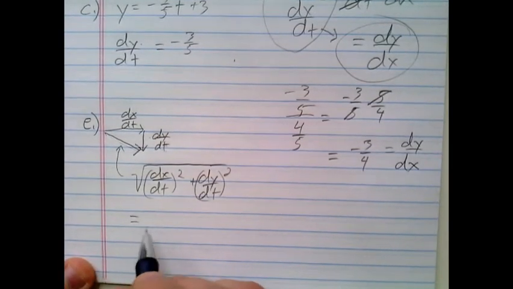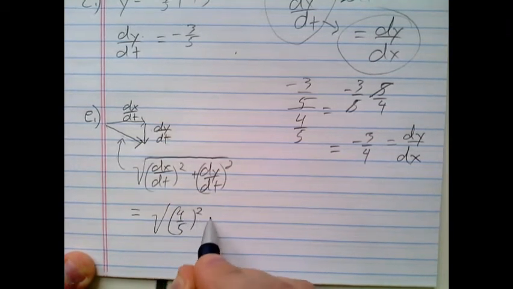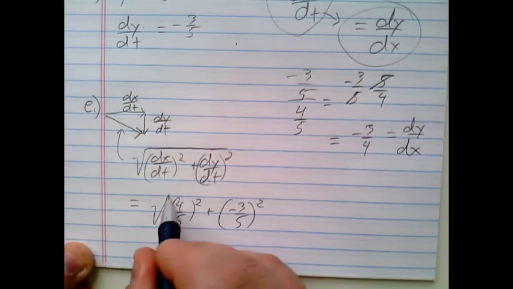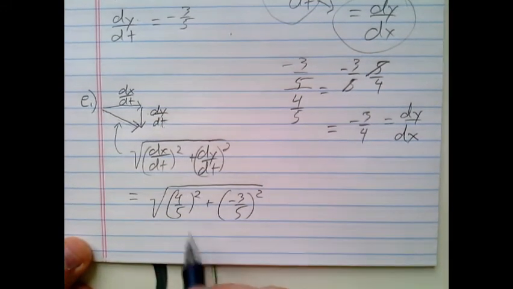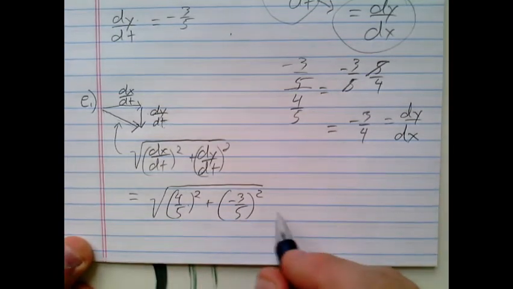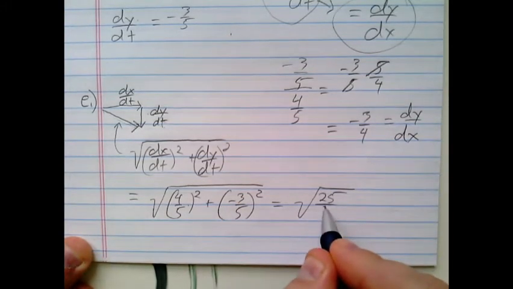So let me see, dx/dt was 4/5 squared, dy/dt was negative 3/5 squared. So that's going to be 16/5 plus 9/5, which makes 25.